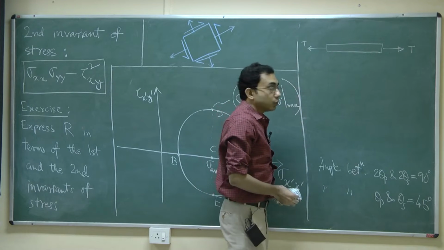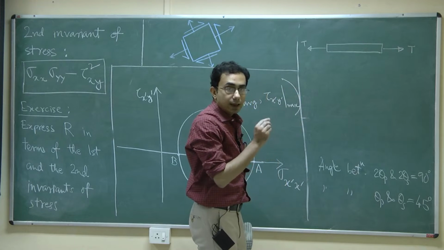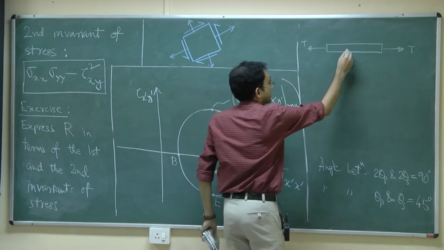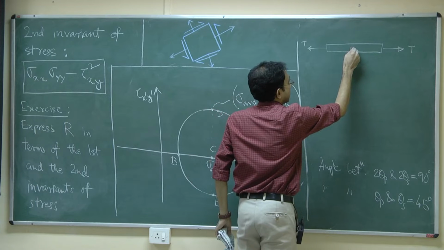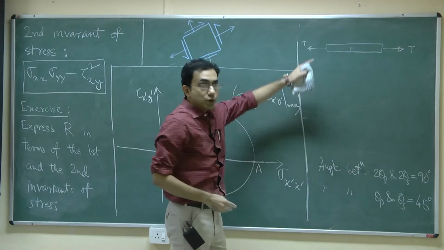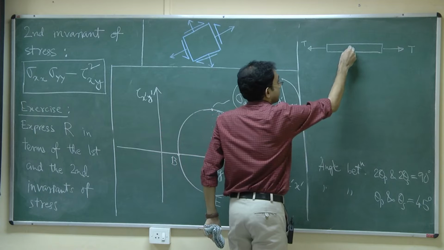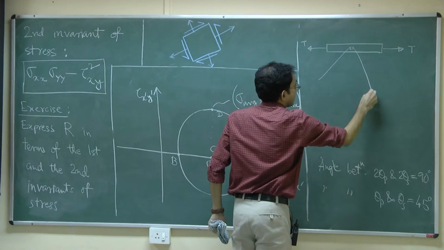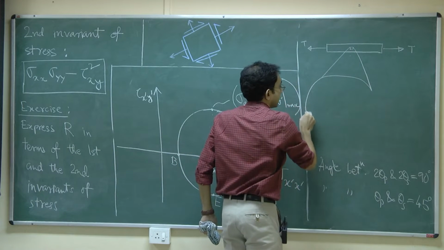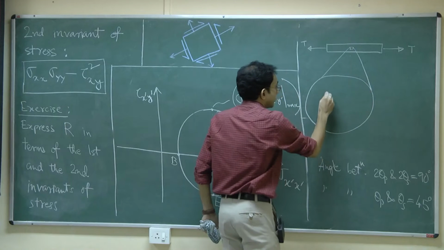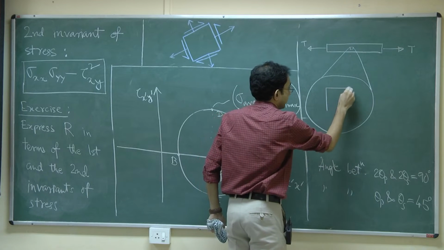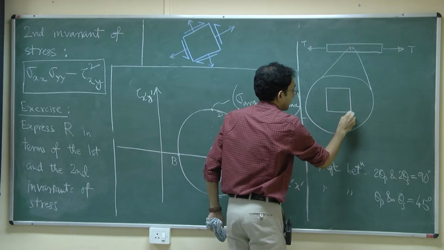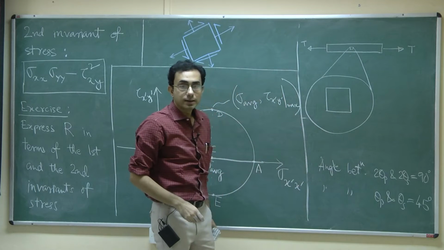So, what we want to do is we want to single out a little element from here and we zoom into that. So, we are zooming into this little element.